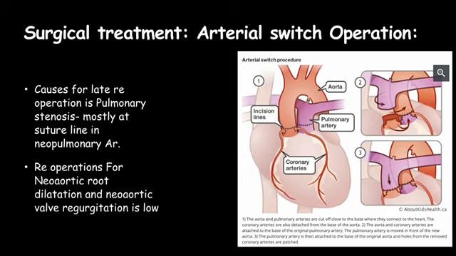Now the arteries are switched. An important step here is to transfer the coronary arteries to the neo-aorta that we have created. The common long-term abnormalities that we can come across can be pulmonary stenosis in the neopulmonary artery that we have created, and maybe neo-aortic root dilatation or aortic valve regurgitation.